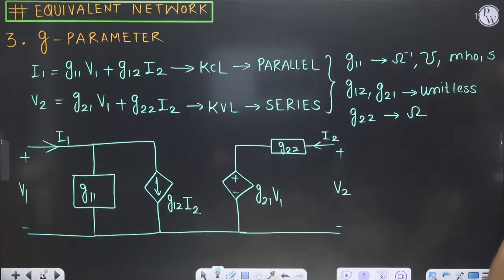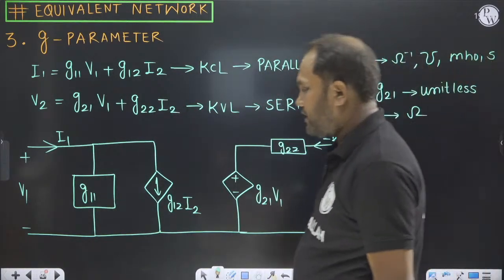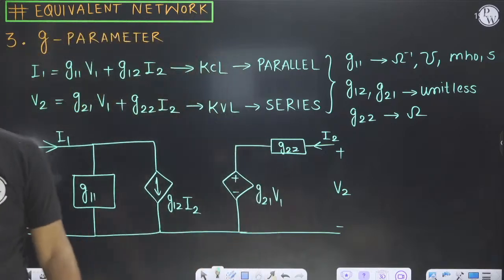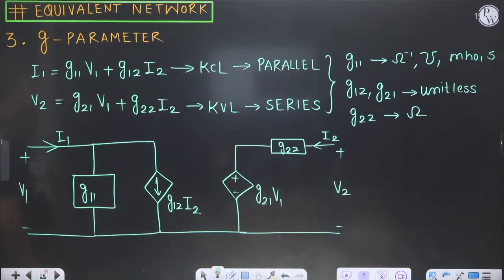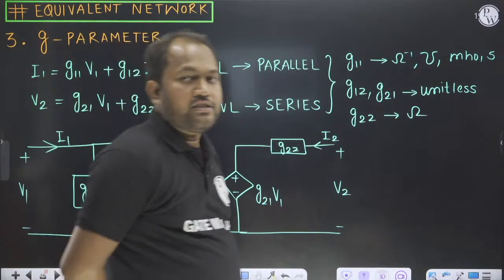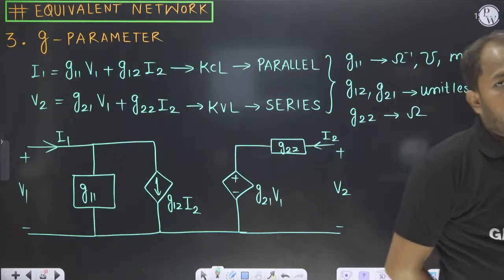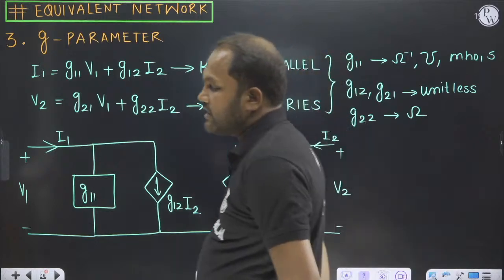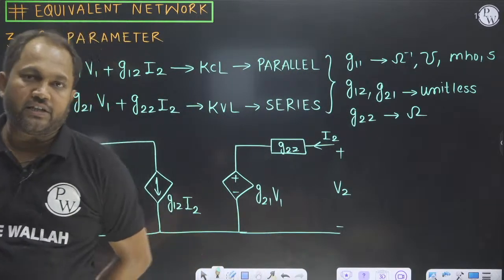So we have series condition, parallel condition, series parallel condition and parallel series condition. First one is series condition, second one is parallel condition, third one is series parallel condition, and fourth one is parallel series condition.